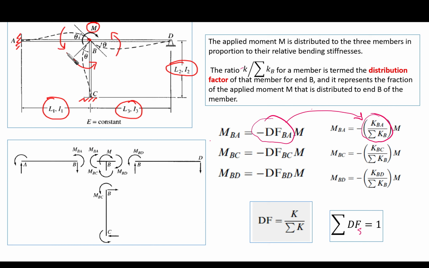Take care that all of them are in the same sense, counterclockwise, because the applied moment is clockwise. We need to reach equilibrium at point B. This means that the resisting moments are in the opposite direction of the applied moment, and the summation of these resisting moments is going to be equal to M, the applied moment, in order to maintain equilibrium at point B.